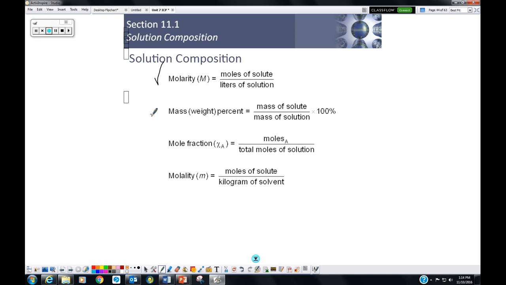As well as percent by weight, or percent by mass. You take the mass of the solute over the mass of solution, multiplied by 100. This is mainly used in the medical field.